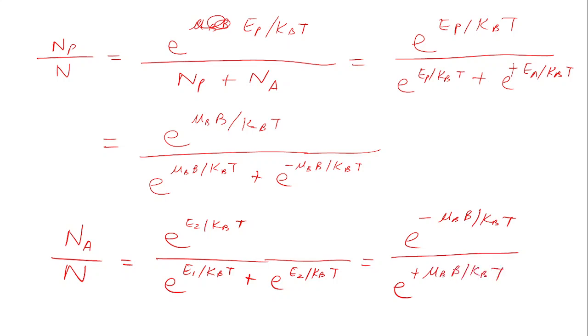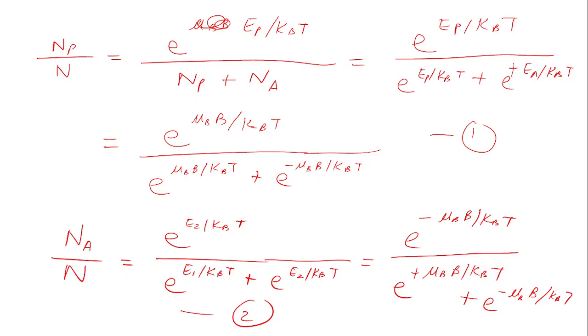Don't get confused: this is a subscript because this is the Bohr magneton μB and this is the magnetic field. Then this plus e to the power minus μB by kBT. Now this is equation 1 and this is equation 2.